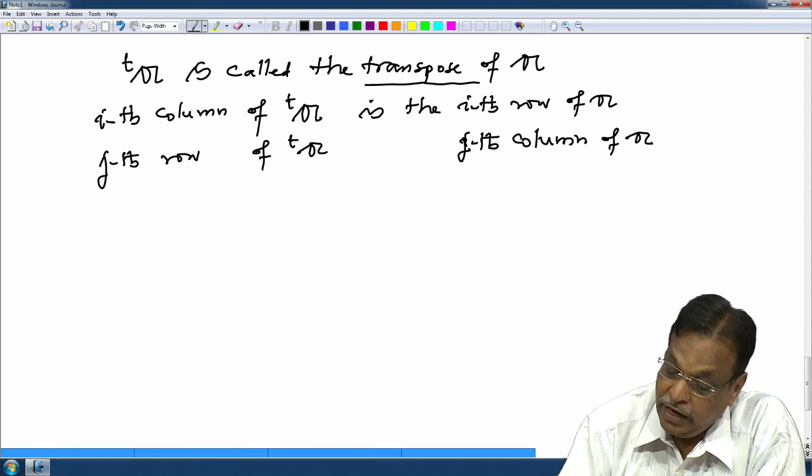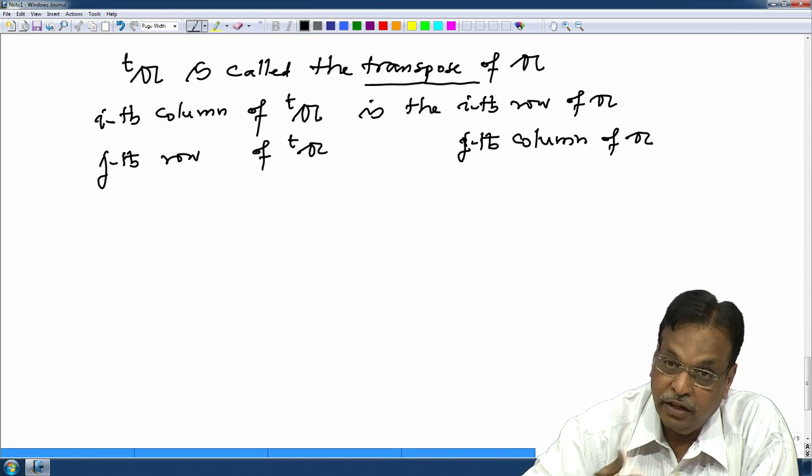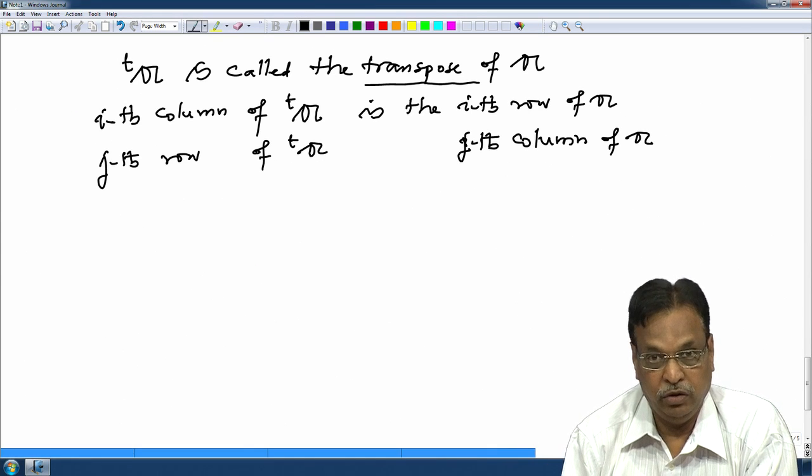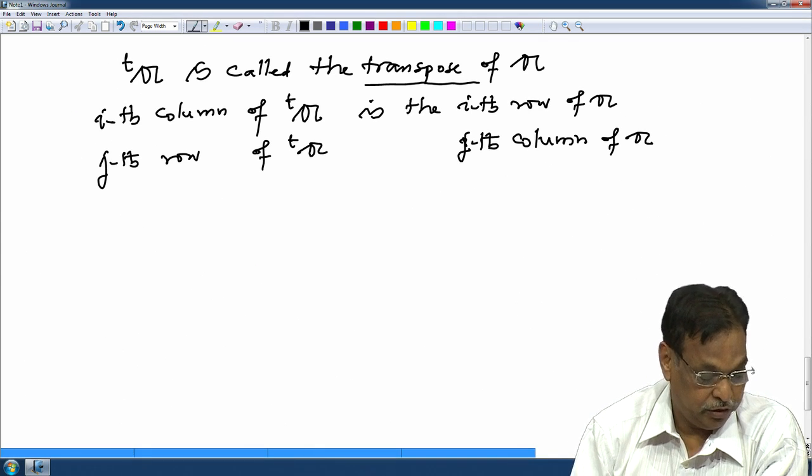So it is basically like taking a reflection around the main diagonal, roughly speaking.